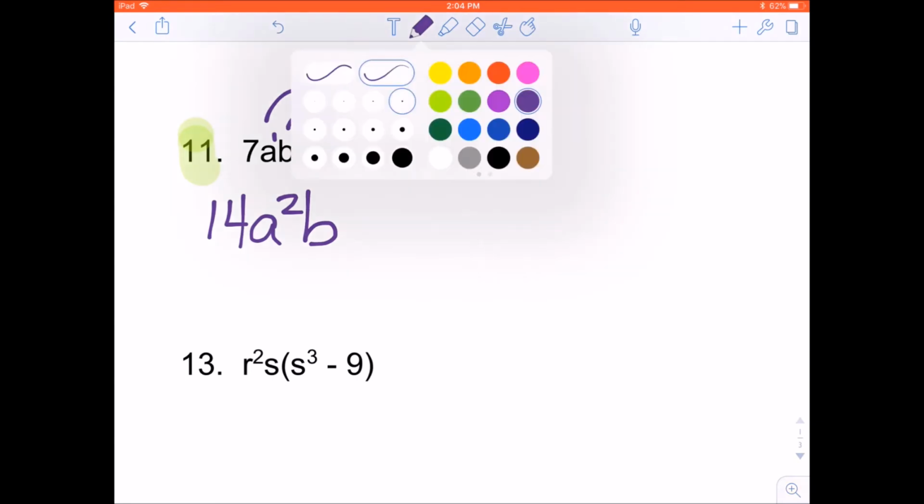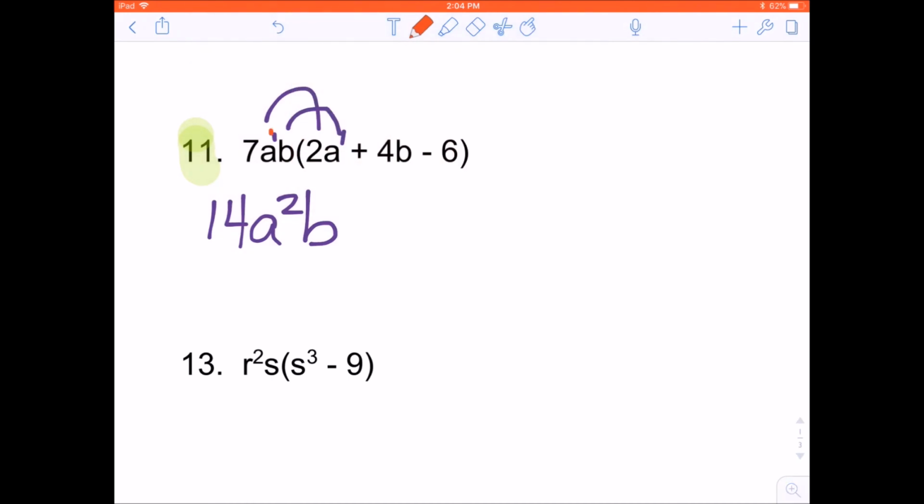Now let's do another distribution. Let's multiply this guy times 4b. Start with your big numbers, or your coefficients. 7 times 4, that's positive 28. There's not an a to multiply another a with, so we still have to put it in the problem. And then b to the first times b to the first is b to the second.